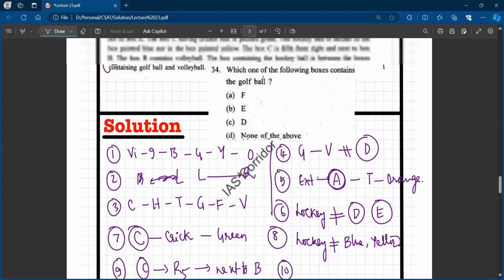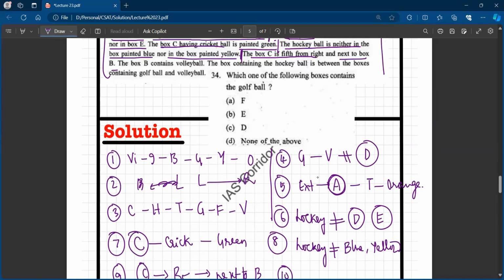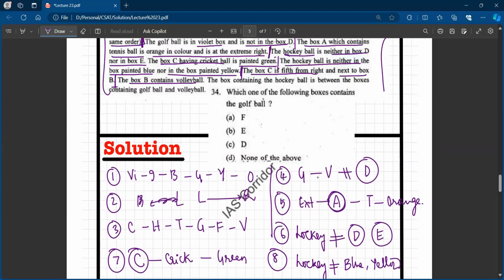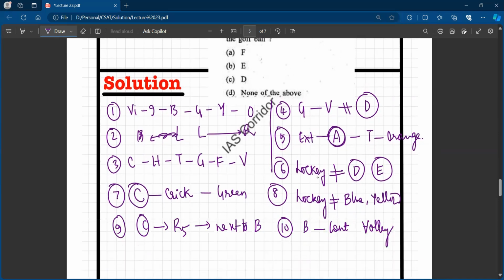The 10th statement. The box B contains volleyball. Clear? The box containing the hockey ball is between the boxes containing the golf ball and volleyball. So the order would be golf, hockey, volley, or volley, hockey, golf.